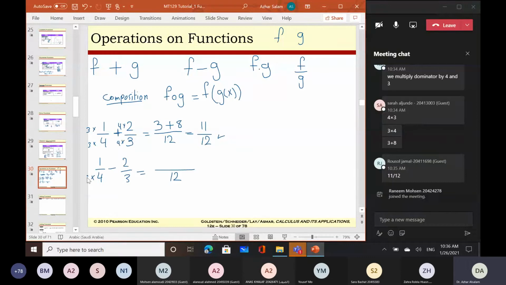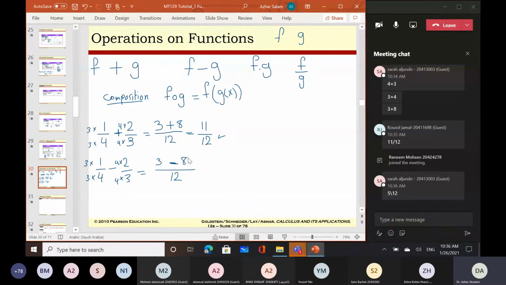Here I multiplied by 3, so here also by 3, minus, this is the difference. Here multiplying by 4, it will be 8. So it will be minus 5 over 12, since here I have 3 minus 8. Okay, this is the subtraction.